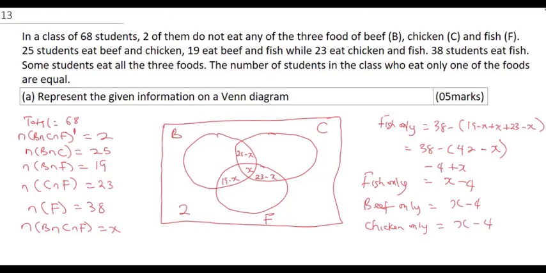So on my chart, I'm going to do this. Now this is our complete Venn diagram, so we can use this Venn diagram to solve as many questions as we like.